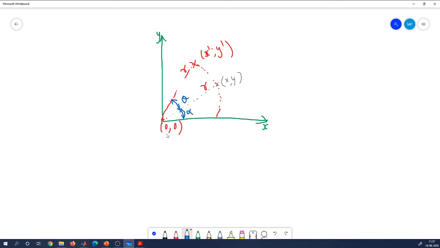So originally you are at x y and you rotate that particular coordinate by theta, and you end up at x dash y dash. Now let's derive a relation between x dash y dash and x y in terms of only theta. That is our objective.